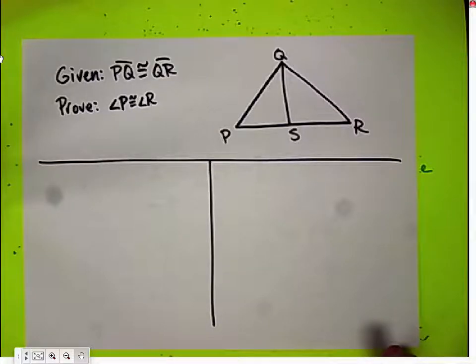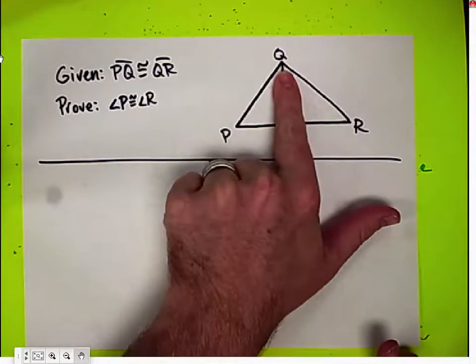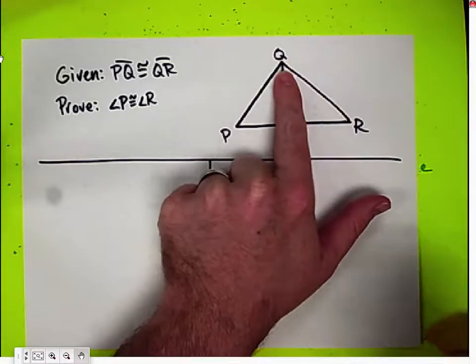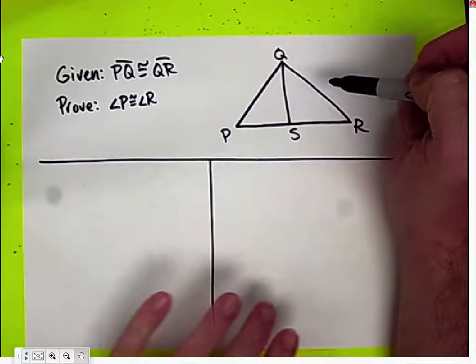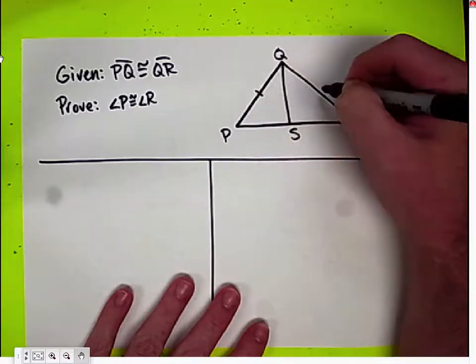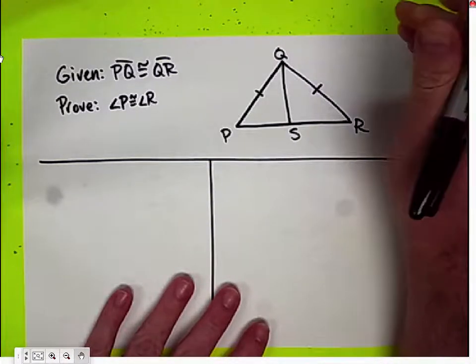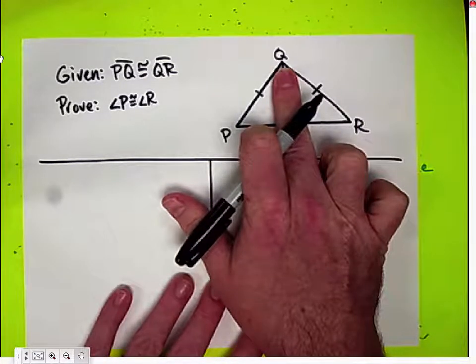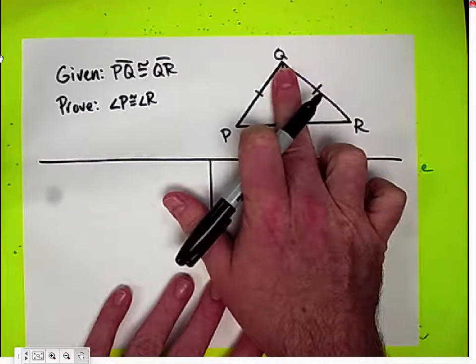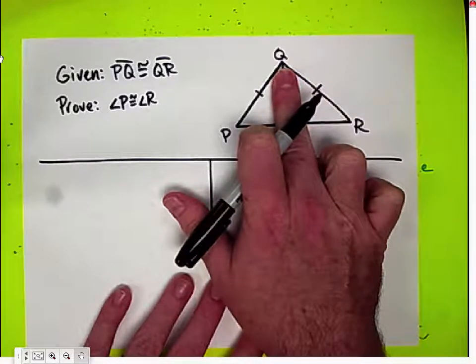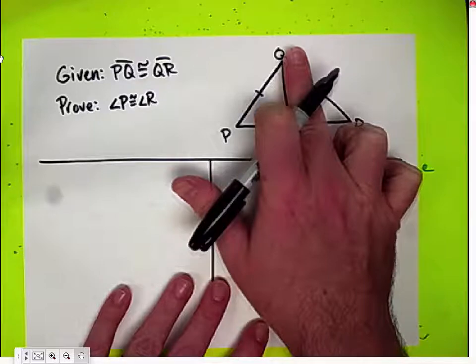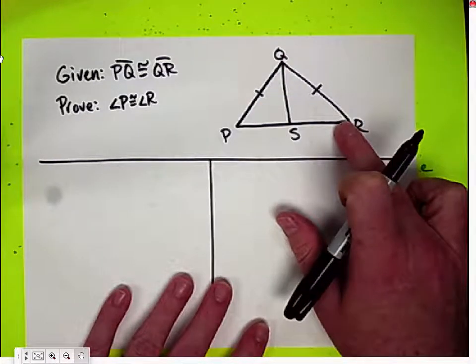Okay. Now, we're really only talking about the big triangle, PQR, right? I'm saying in the big triangle PQR, this side's congruent to this side. So do you see how the big triangle is an isosceles triangle? Okay. So according to that theorem, if that's an isosceles triangle, angle P should be congruent to angle R, right?